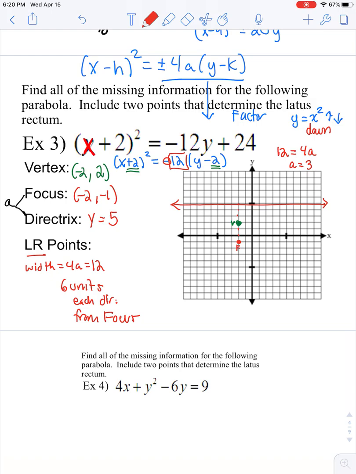So if we go back to this focus point here, and we go 6 units to the right, 1, 2, 3, 4, 5, 6. And then we go 6 units to the left. Oops, I didn't count that right. I apologize. Let's try that one more time. 6 units to the right, 1, 2, 3, 4, 5, 6. That's going to give me these focal width points of negative 8, negative 1, and positive 4, negative 1.